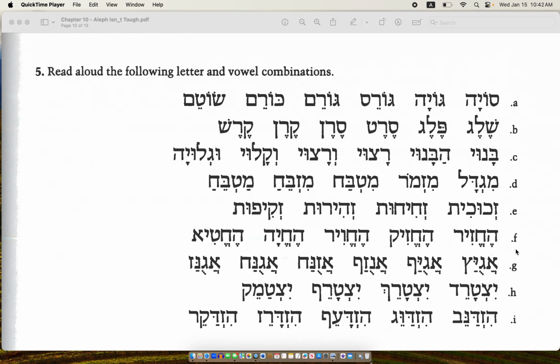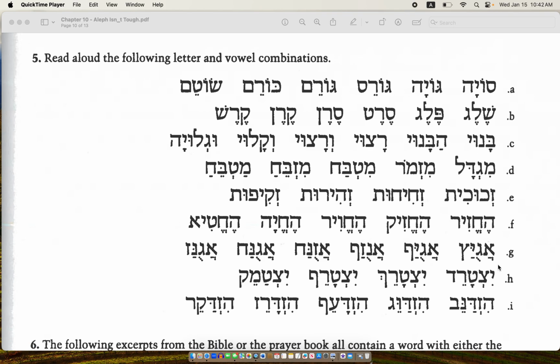Line F, hechezir, hechezik, hechevir, hecheya, hecheti.